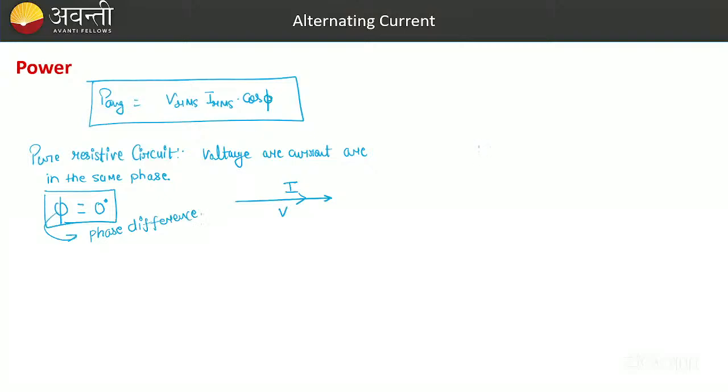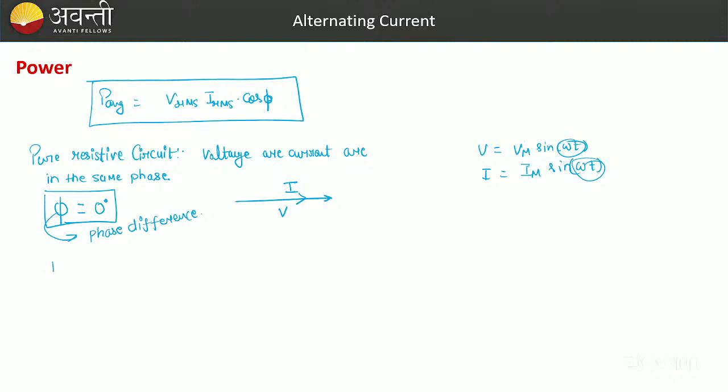So in a pure resistive circuit, if I'm writing the voltage as Vm sine omega t, then the current will also look like Im sine omega t. So if you check here, this is phi 1, this is omega t, this is phi 2. So phi 1 minus phi 2 will become 0. So there is no phase difference between the current and the voltage.